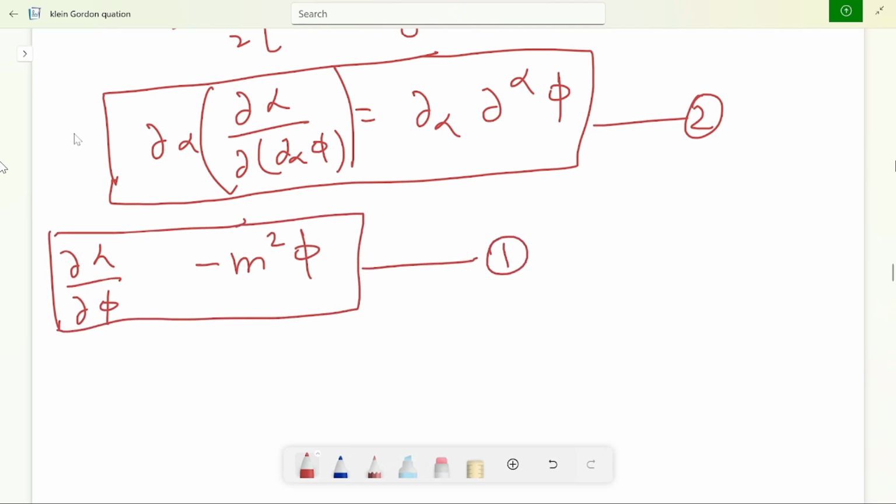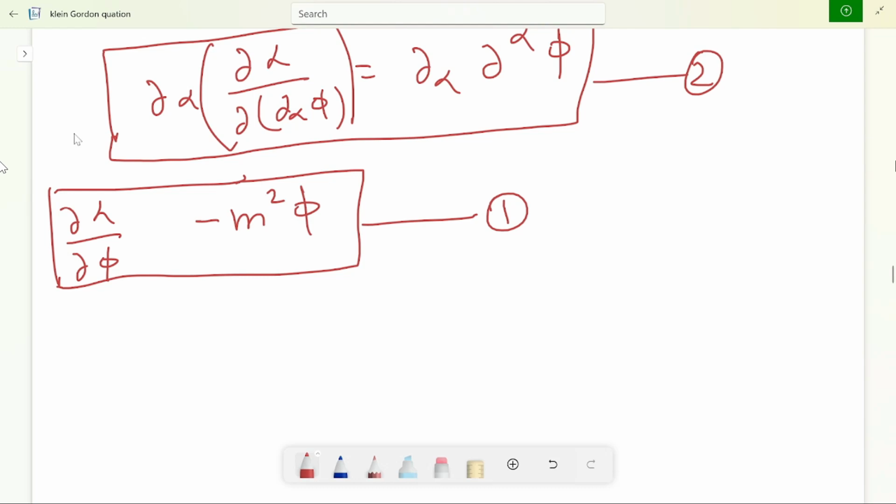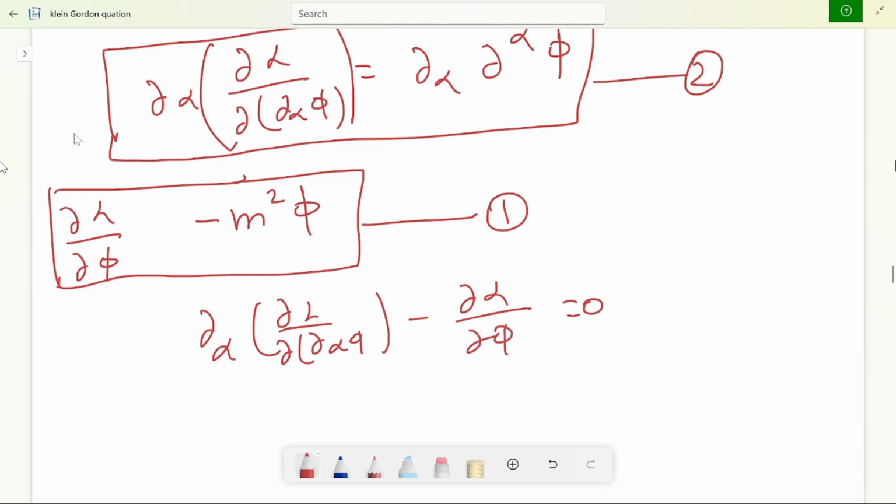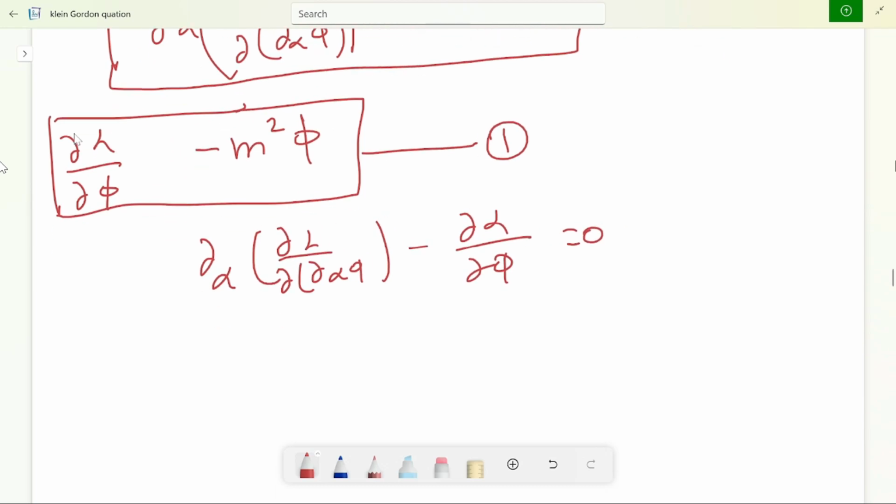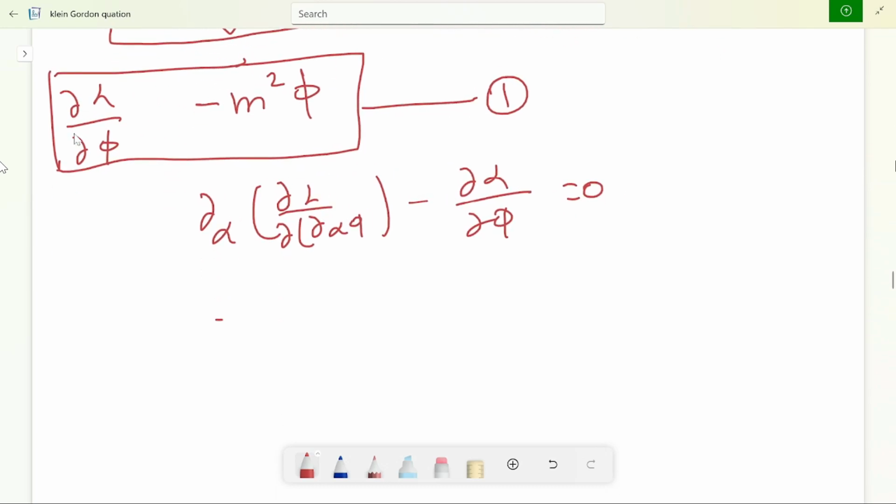This was equation 1. Now the Euler-Lagrange equation was just d alpha of dL by d(d alpha phi) minus dL by d phi is equal to 0. So if we combine equations 1 and 2, we end up with something like d alpha d alpha phi plus m square phi is equal to 0.